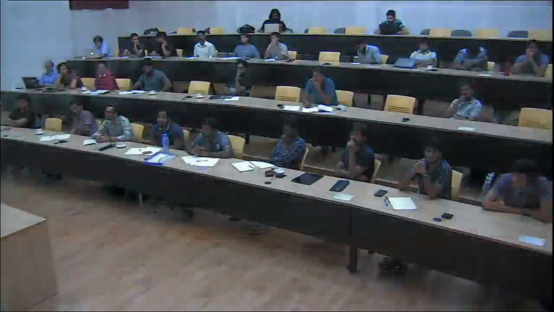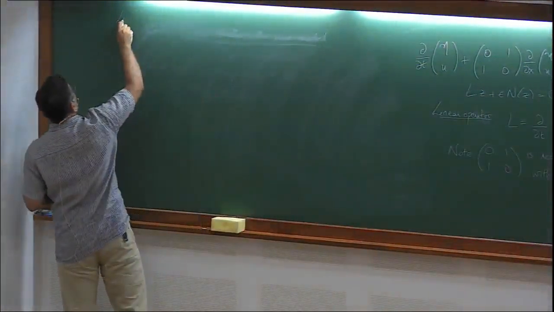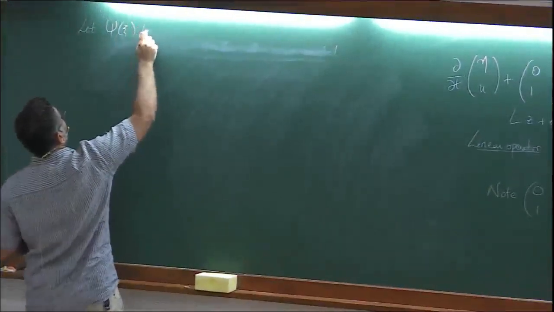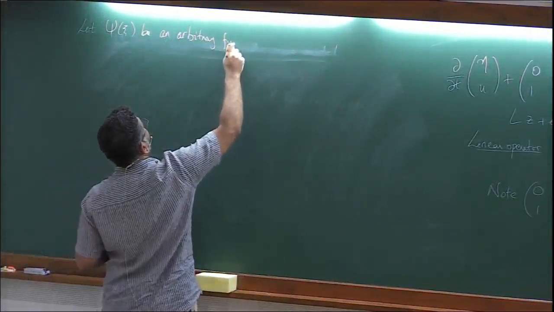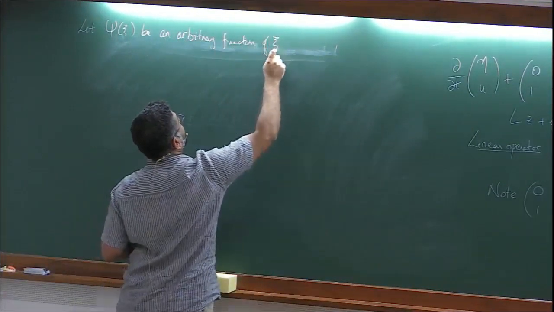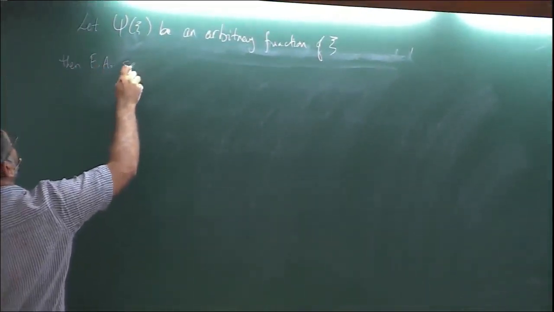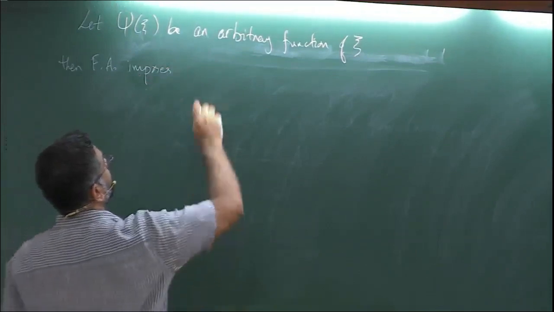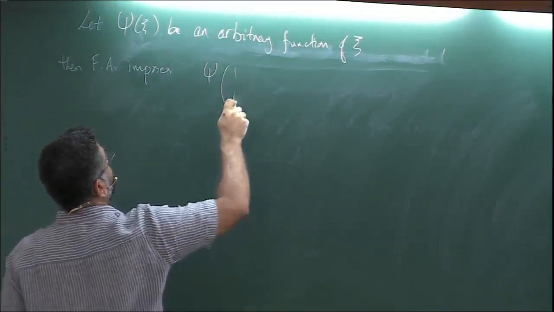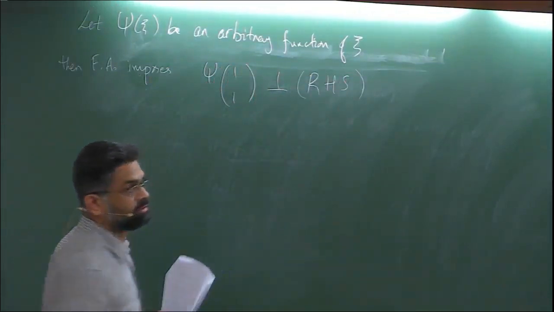So let psi of c be an arbitrary function of c. Then the Fredholm alternative imposes psi times 1, 1 should be perpendicular to everything I had in the right-hand side.